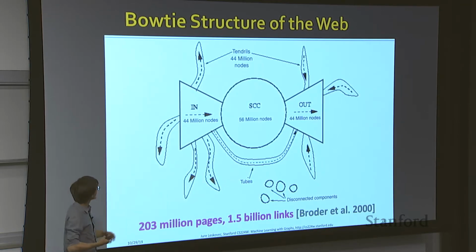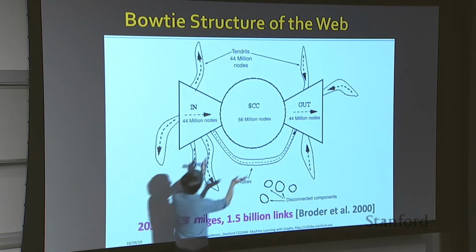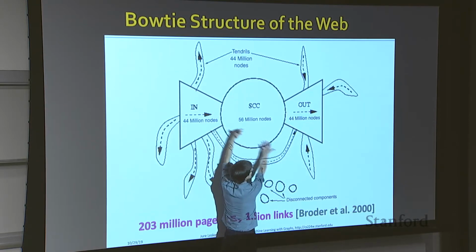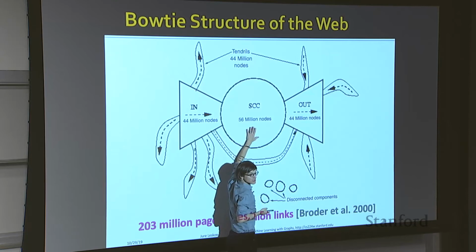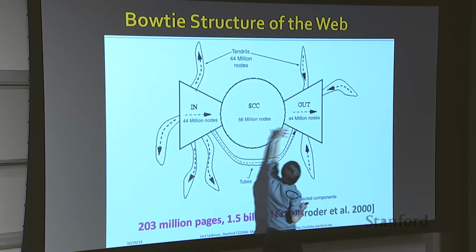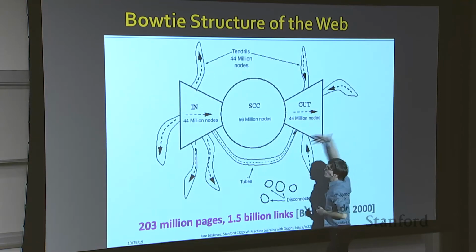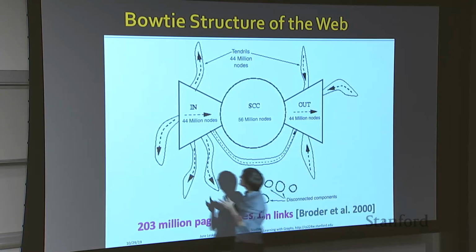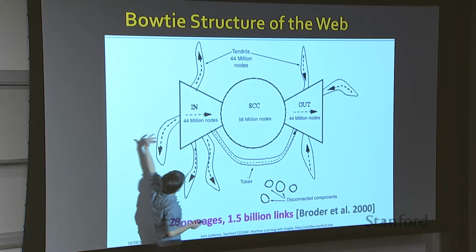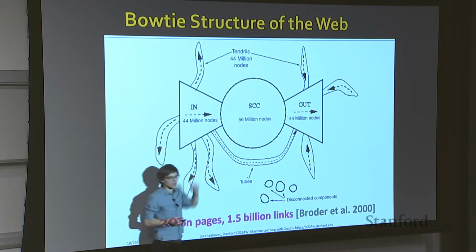So they come up with this conceptual picture of the web graph, which says, here is the core of the web graph where anyone can reach anyone else. This is a strongly connected component. There is a part of the web graph where you can only get into it, but you cannot get back. There is another part where you can start from, get in here, but again, you cannot get back.